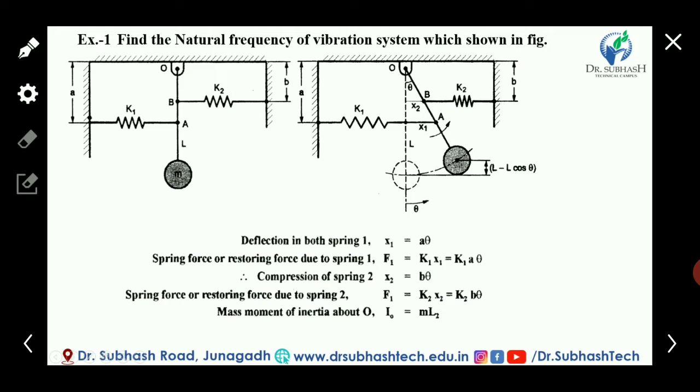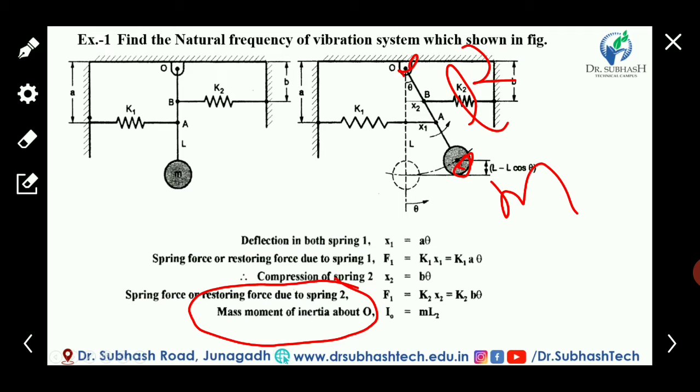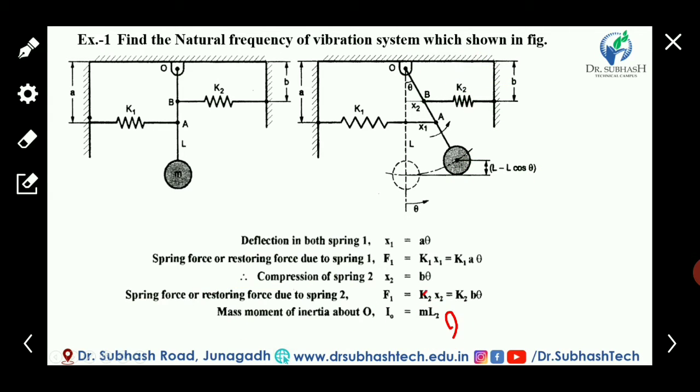Now the mass moment of inertia of the pendulum mass about the fulcrum or pivot O is mass into L square, so m L square. Here was a mistake, it is a square. ml square is the mass moment of inertia of the pendulum about point O, I_O.